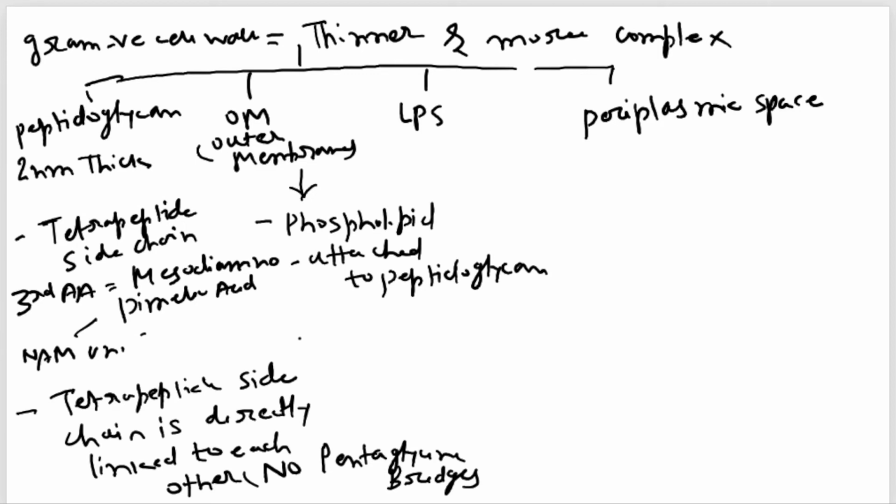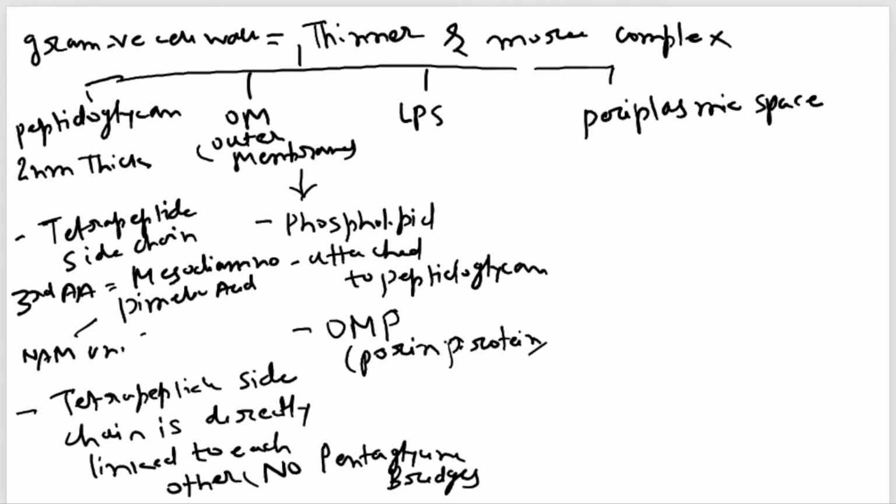It is a protective barrier, and the outer membrane consists of some specialized proteins called outer membrane proteins. We can also call them porin proteins. So we have porin proteins or outer membrane proteins.